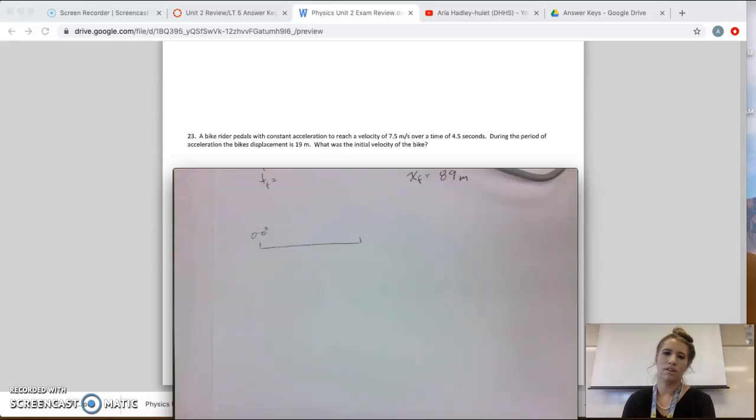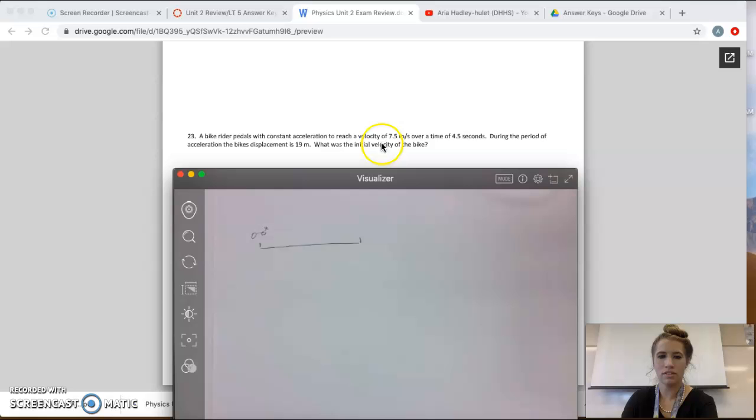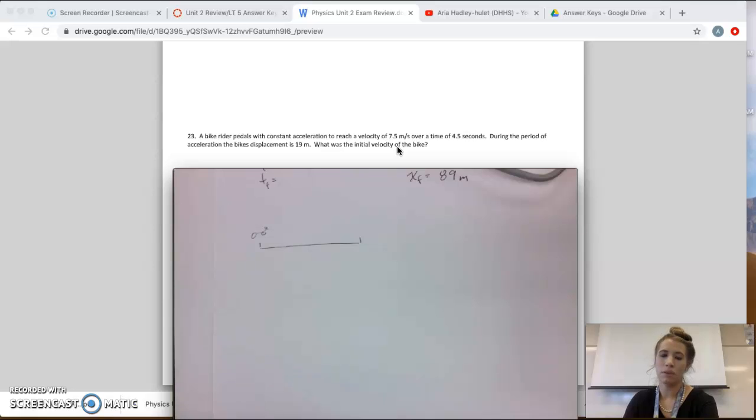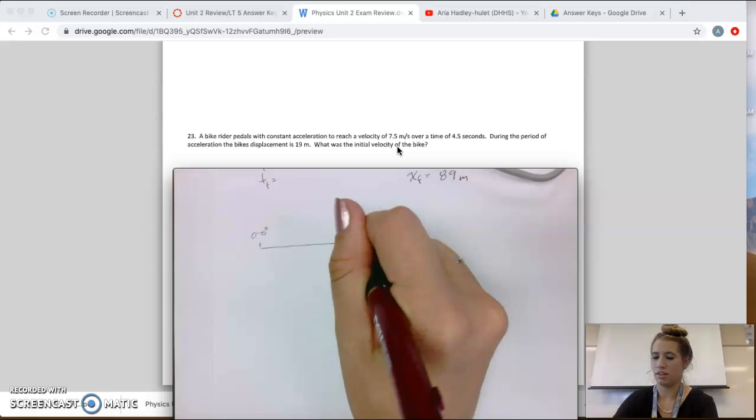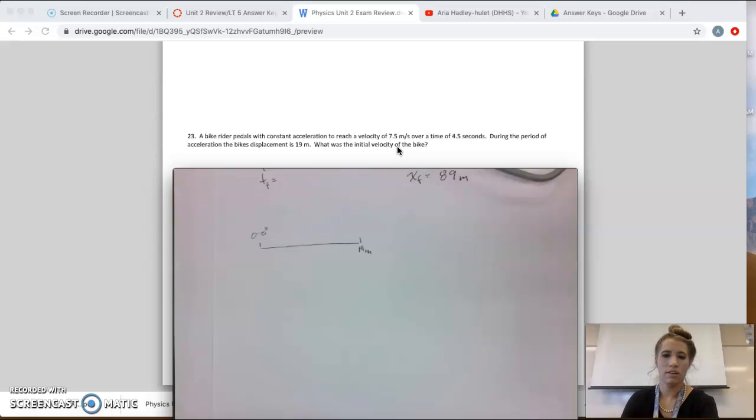We know that it pedals with a constant acceleration to reach a velocity of 7.5. So that would be our final velocity there over this time period of 4.5 seconds. And then it's displaced by 19 meters. And we're saying, what is the initial velocity of the bike?